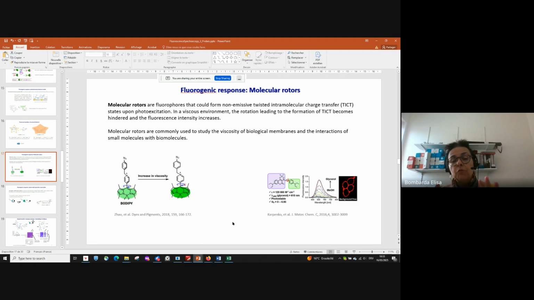With this sentence, I would like to remind the general criteria with which we are choosing probes.